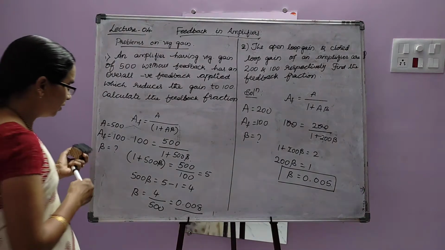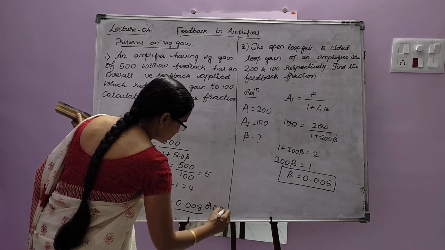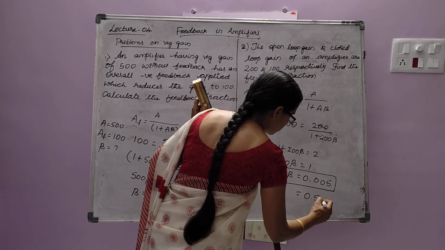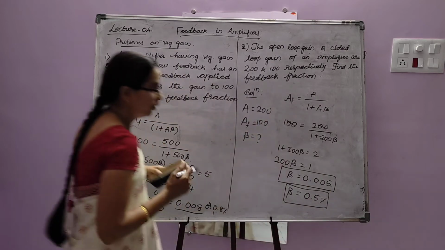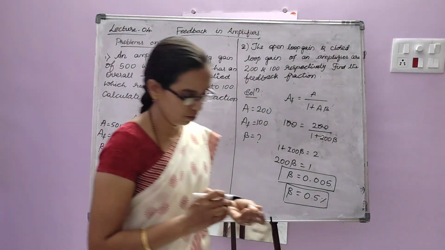This can also be written as 0.5%, that is 0.5 into 100, in percentage.